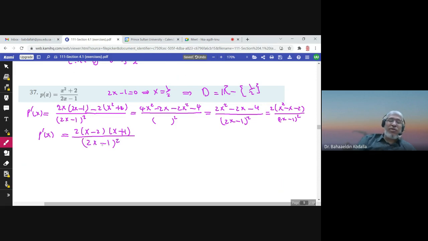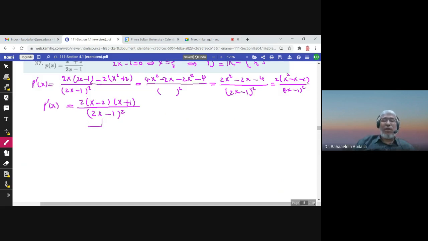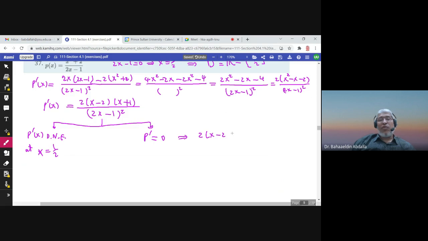Now it is factored and it is in the simplest form, and p prime of x does not exist at x equals half because half makes the denominator 0 and then p prime would be does not exist. P prime equals to 0 if the numerator is 0, if 2 times x minus 2 times x plus 1 equals to 0, which means x is 2 and x is negative 1.